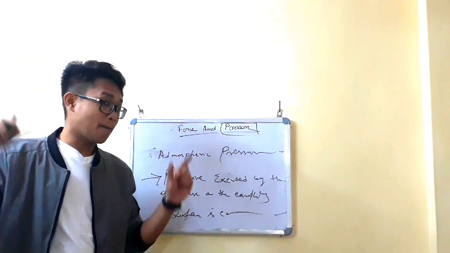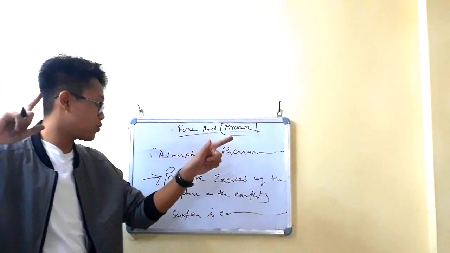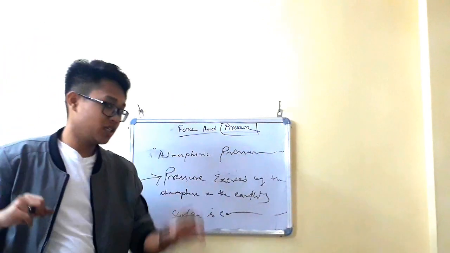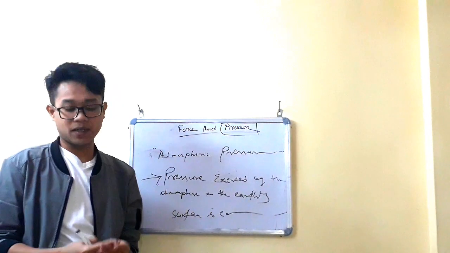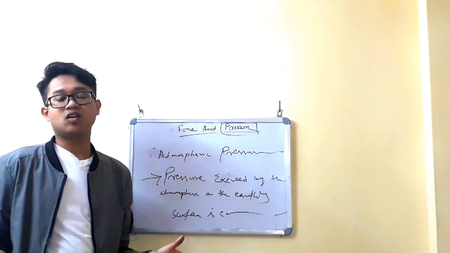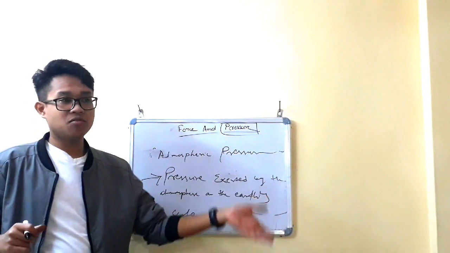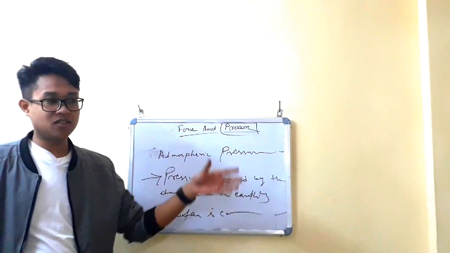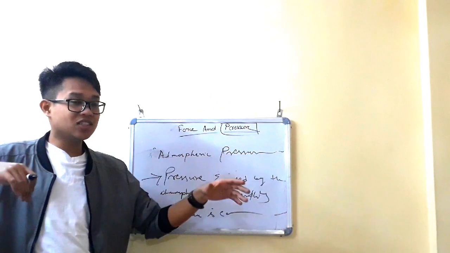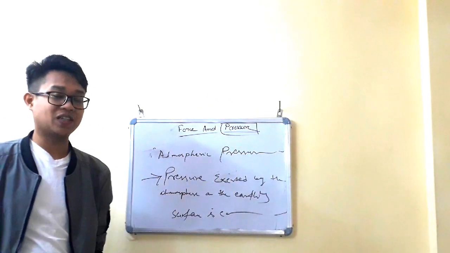Our Earth is surrounded by different types of gases, which are constantly exerting pressure on the Earth's surface. And this pressure is known as atmospheric pressure.